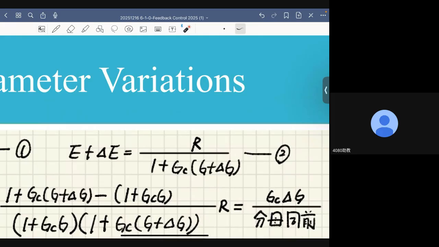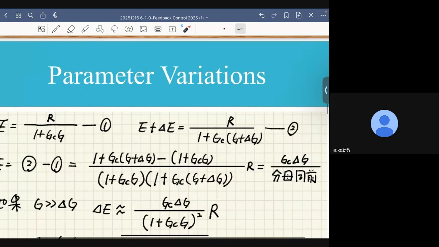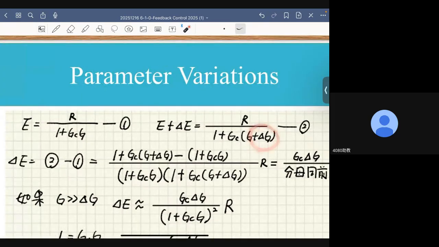So the real transfer function of the model, let's just assume, is this, G plus delta G. And the delta G represents the difference between the real transfer function and the mathematical model of the transfer function that I use of the process to be controlled. So because of this, I have another error term, okay? Let's just assume this new error term as delta E.